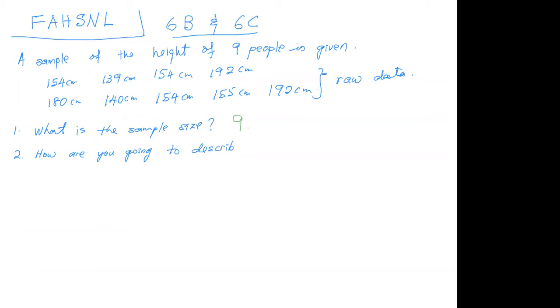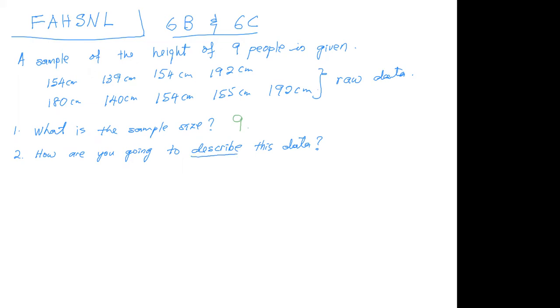We are learning descriptive statistics. Can someone suggest how are we going to describe this data? When we say describe data, that means we use a single number to give people the picture of this group of numbers. That is called describe.